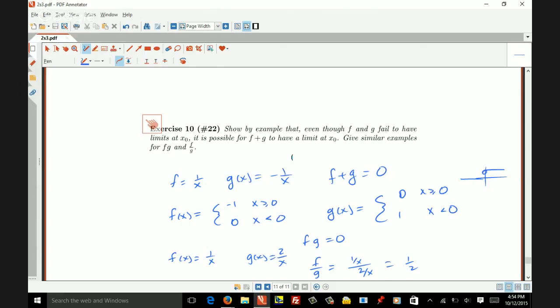Whenever you hear something in the form f of x minus f of y, you should think Cauchy. So what we're going to do is show that there's a Cauchy sequence for that one. So you've written your hypothesis down.